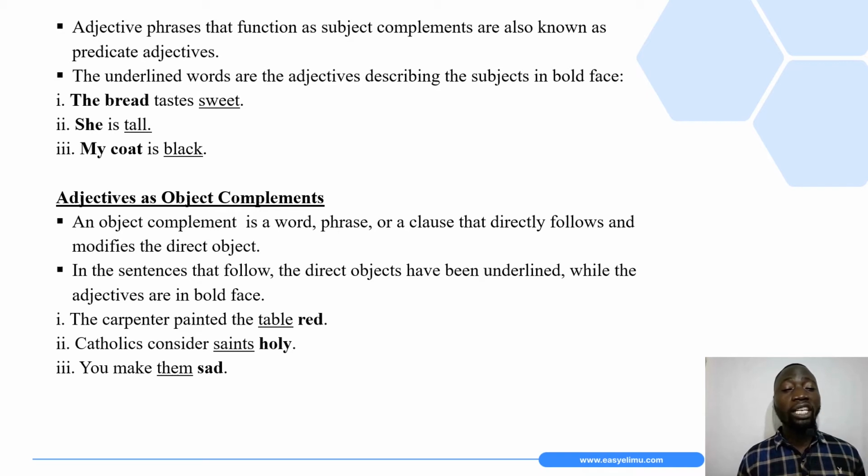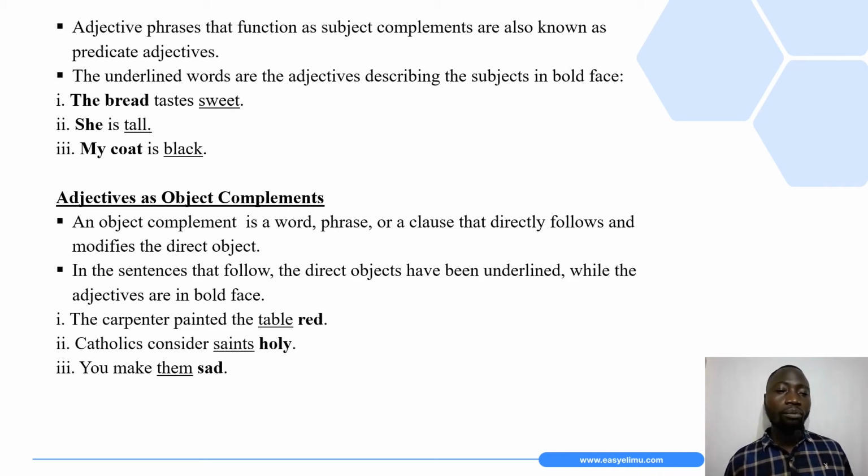The third function, we have adjectives as object complements. Dear students, an object complement is a word, phrase, or clause that directly follows and modifies the direct object. Remember, a direct object is the receiver of an action. In the sentences that follow, the direct objects have been underlined, while the adjectives are in boldface. Keenly study these examples.